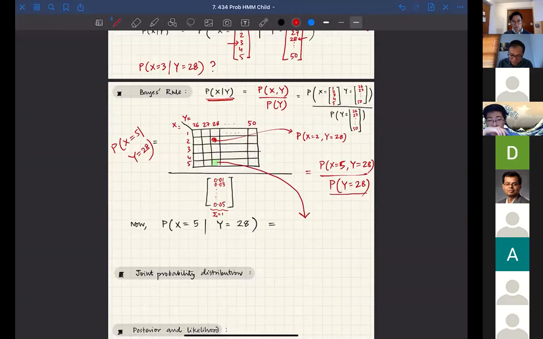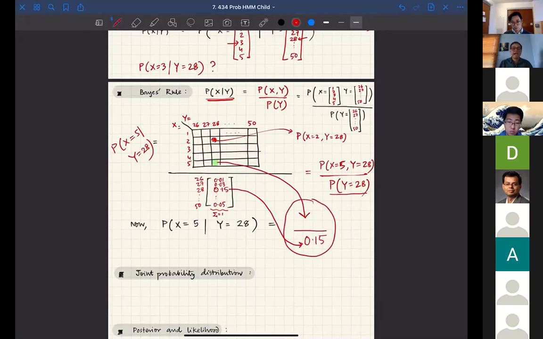P of Y equals 28 is, let's say, over here, this is 26, 27, 28, 50. So you take this value in the denominator, and that gives you the answer to P of X equals 5 given Y equals 28.